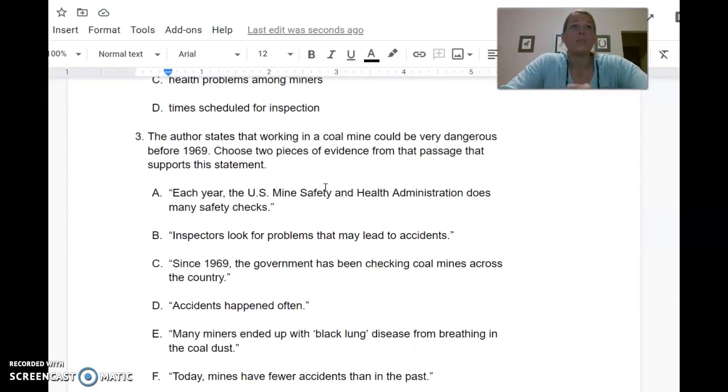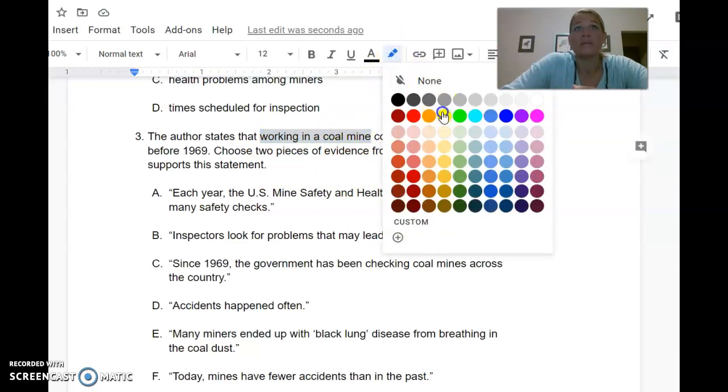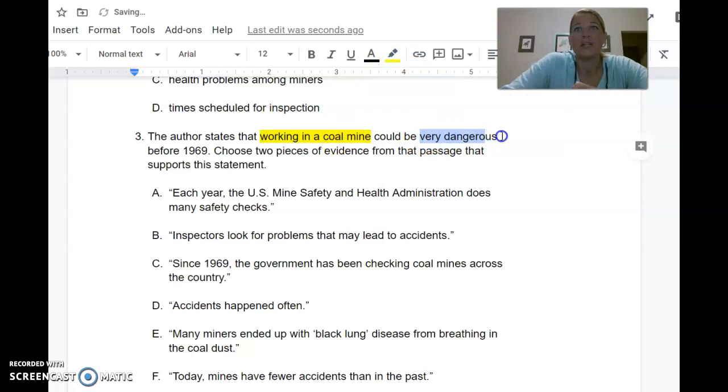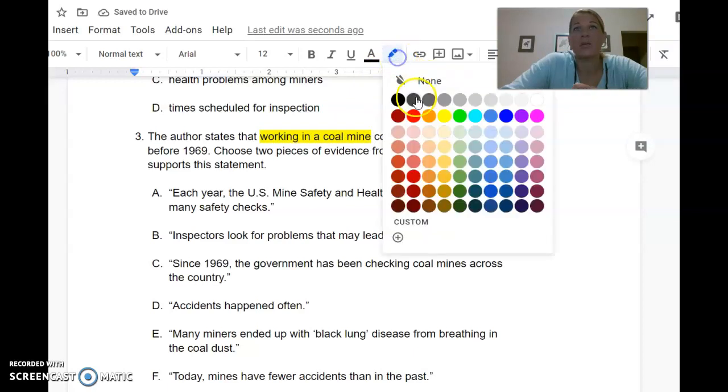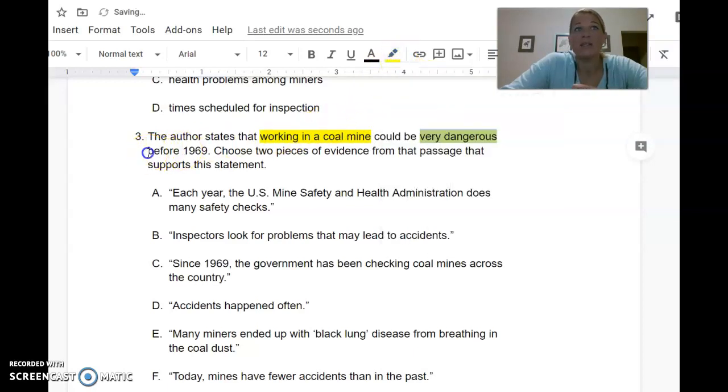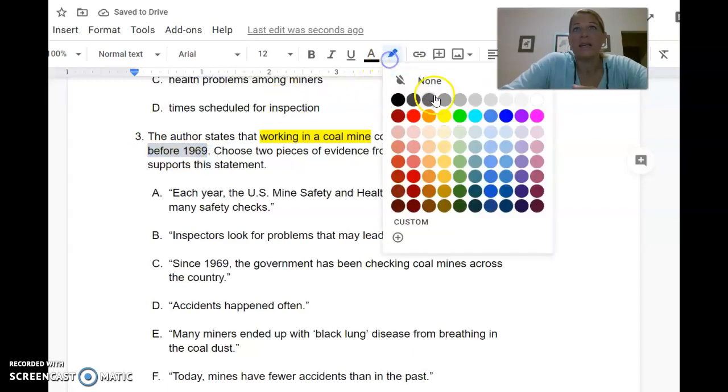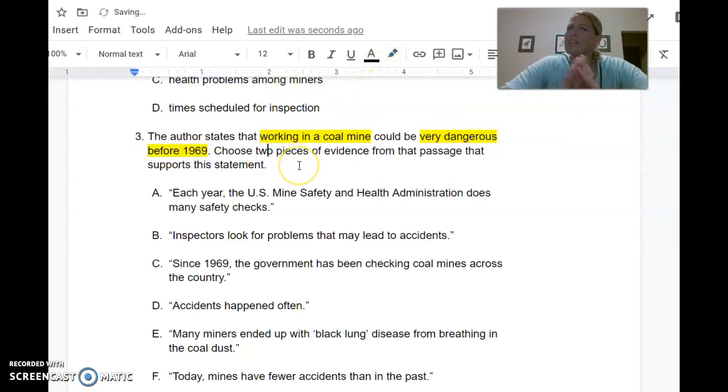Number 3, the author states that working in a coal mine could be very dangerous before 1969. Choose 2 pieces of evidence from the passage that support this statement. Okay, so I'm looking at how working in the coal mine could be very dangerous, and it's important that we realize they're telling us before 1969, because that tells me maybe after 1969 they made some changes to make it safer.